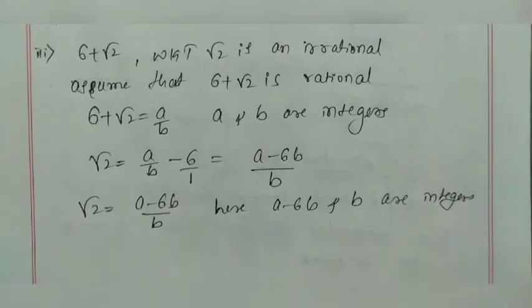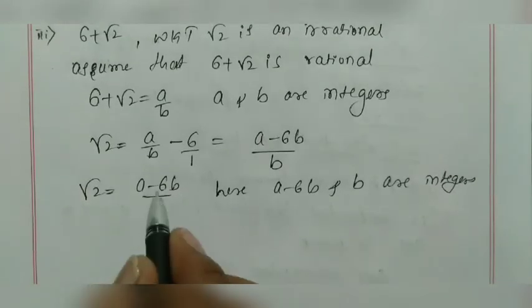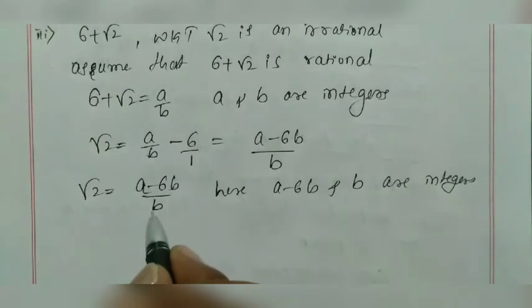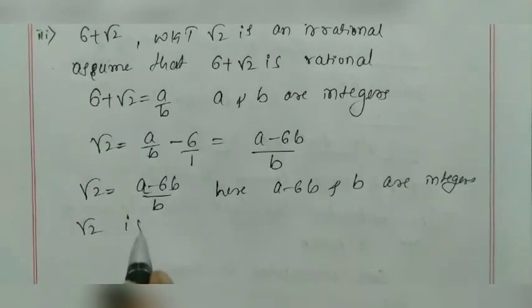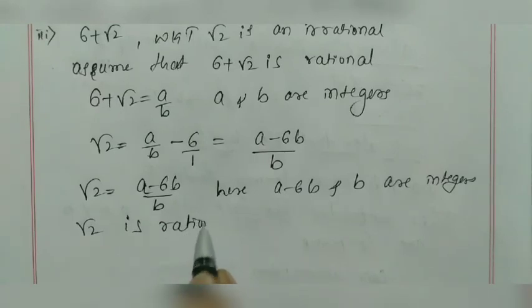So this implies, because a minus 6b and b are integers, that root 2 is a rational number.